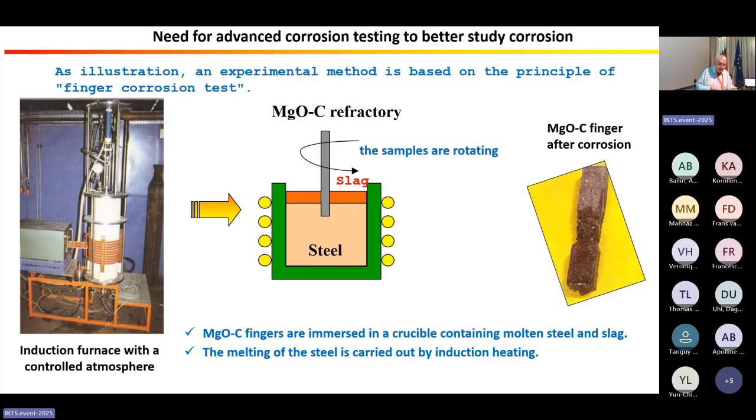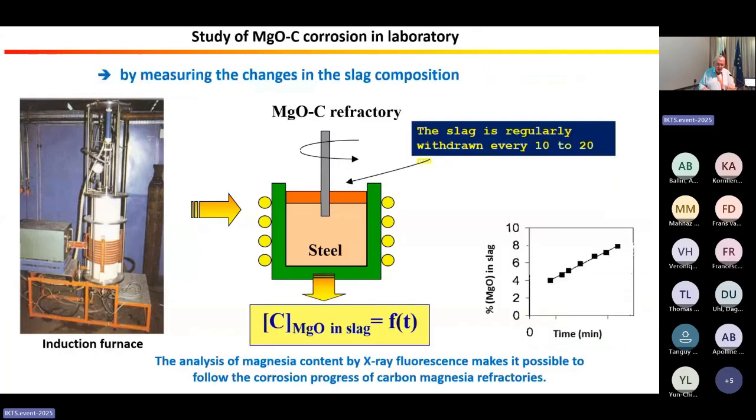These refractory fingers are immersed in a crucible containing two phases, steel and slag, and the melting of the steel is carried out by induction heating. And the samples are rotating, so we are able to simulate the erosion.